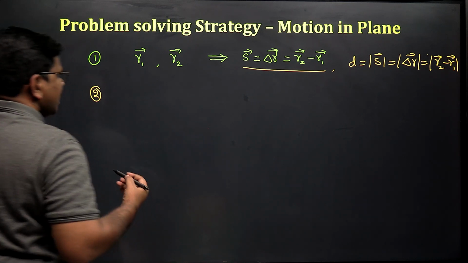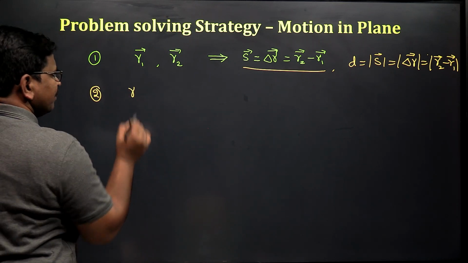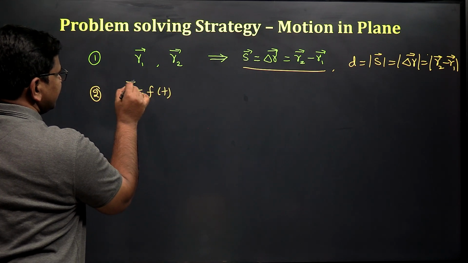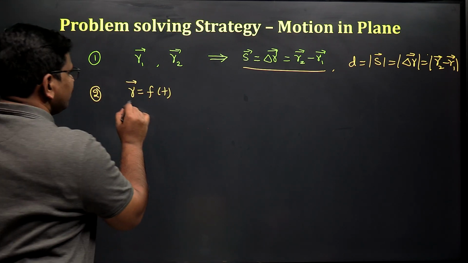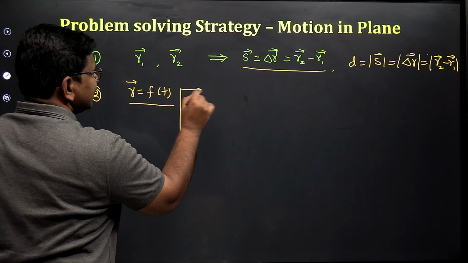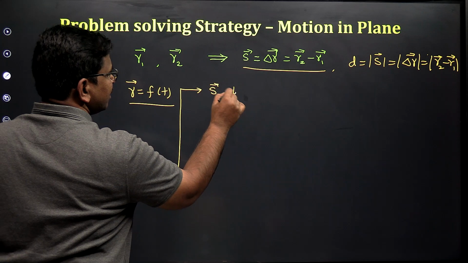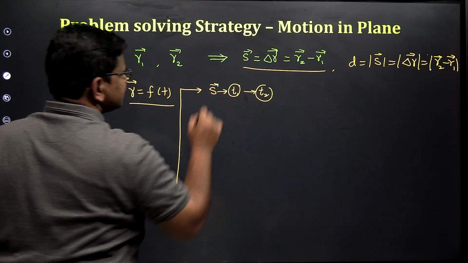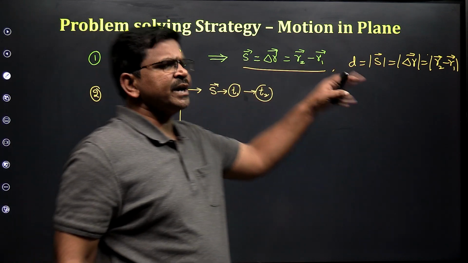R may be given as a function of time, and you need to find out the displacement from T1 to T2. Simple idea. What is the displacement formula actually? R2 minus R1.